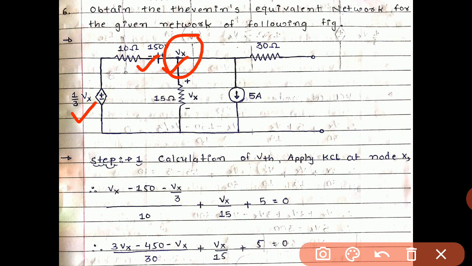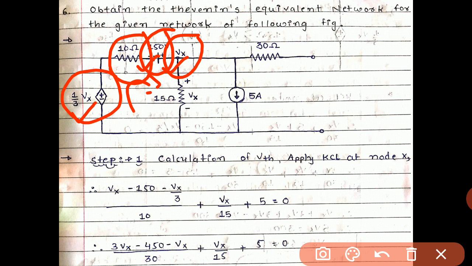What is the value of current from this loop towards Vx? Total Vx minus the actual voltage given over here, that is 150, and the dependent source, that is Vx divided by 3. All the values are given over here and we deduct both from Vx. So Vx minus 150 minus Vx by 3, whole divided by the resistance offered by that branch.